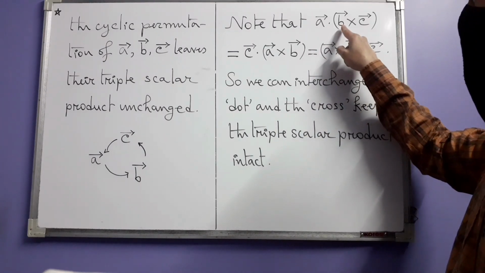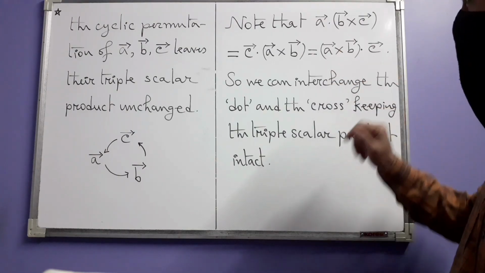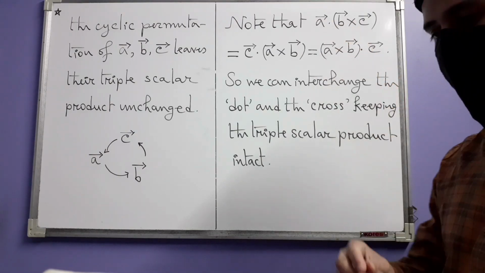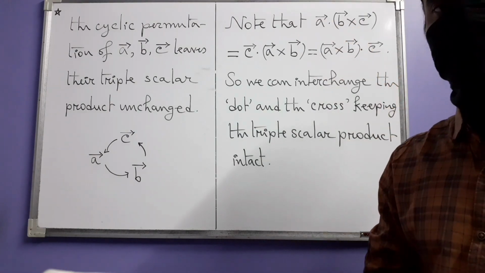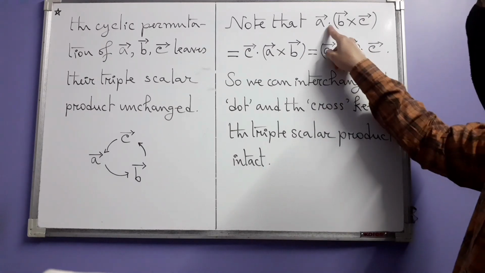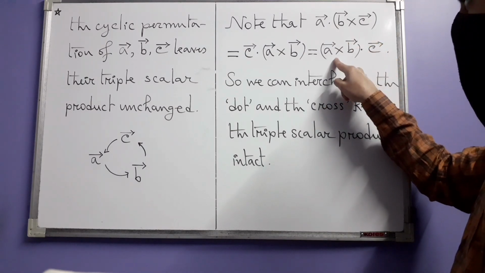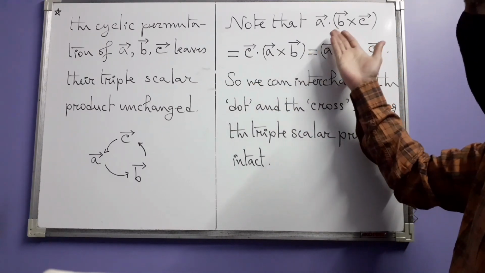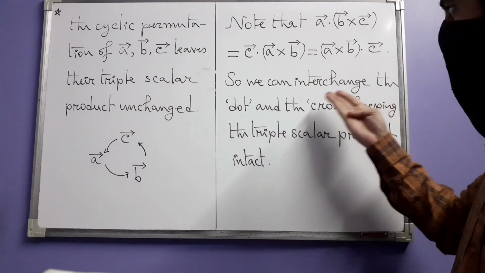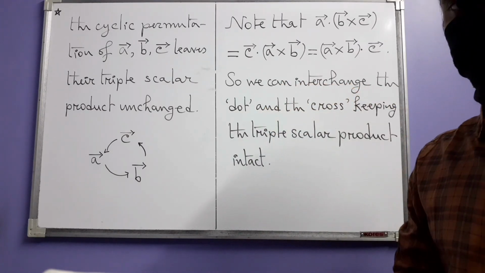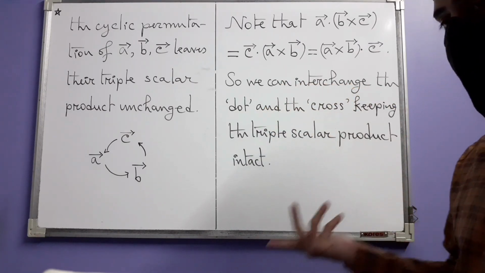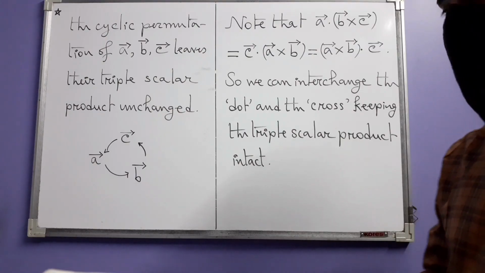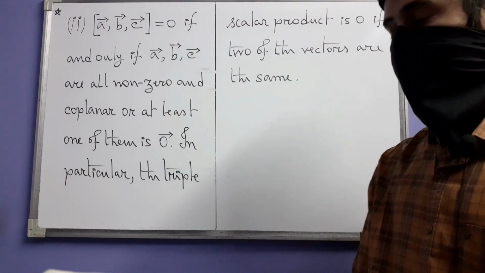We started like this, a b c, we still have a b c, but now we seem to have changed the positions of dot and cross. Dot comes here, cross comes here. So in a triple scalar product, you can actually interchange the dot and the cross without changing the value of the triple scalar product.